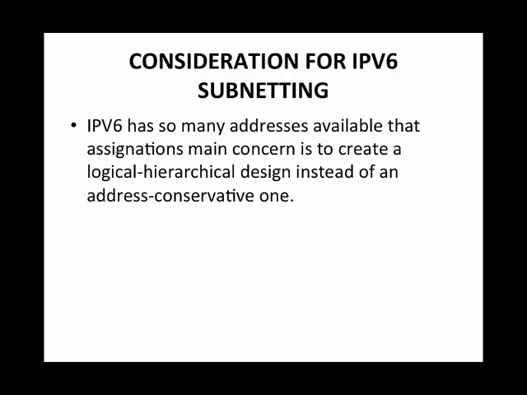So this subnetting requires a different approach. The primary reason is that here we are not trying to conserve addresses, and we are trying to form a logical hierarchical design. We are trying to use numbers to be logical in our design.